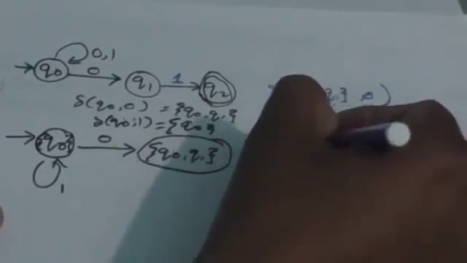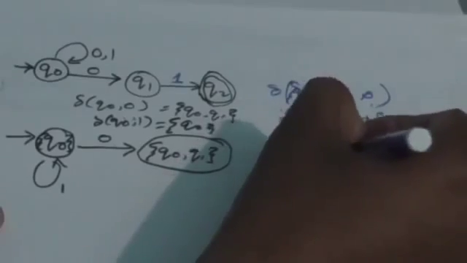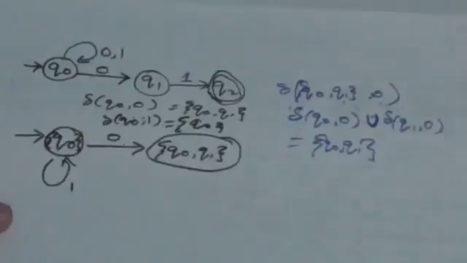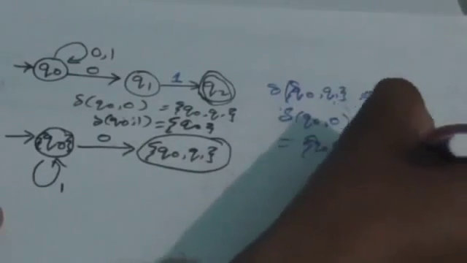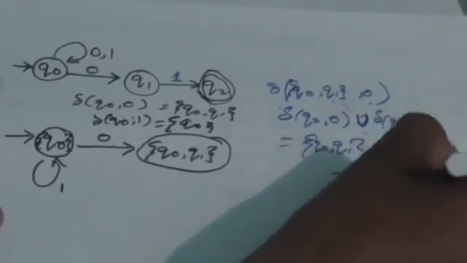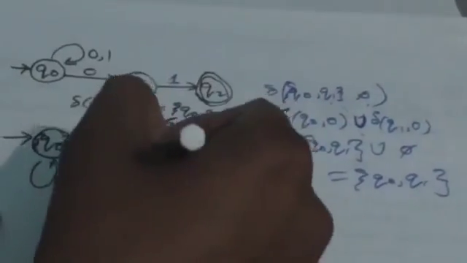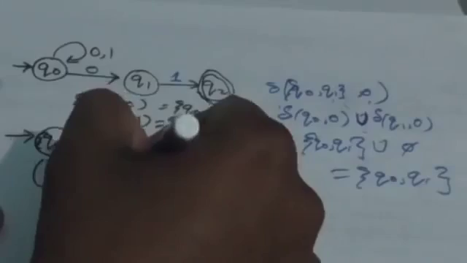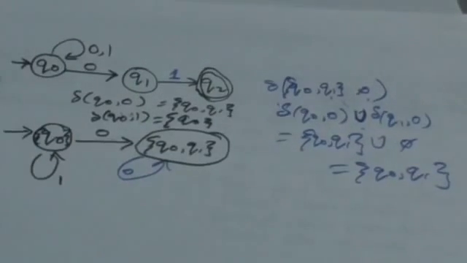Right? It is a union symbol. Delta Q0 0 would be the set Q0, Q1. And when you apply 0 to Q1, there is no transition. So the result would be Q0, Q1. So when you apply 0, it will remain in the same state Q0, Q1.